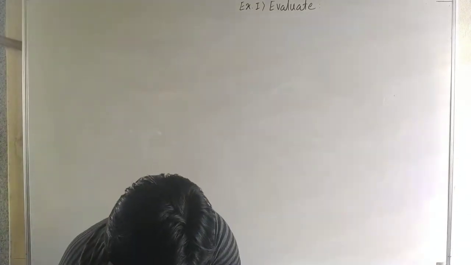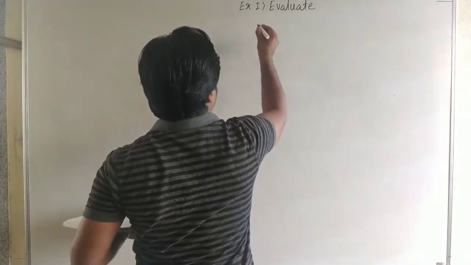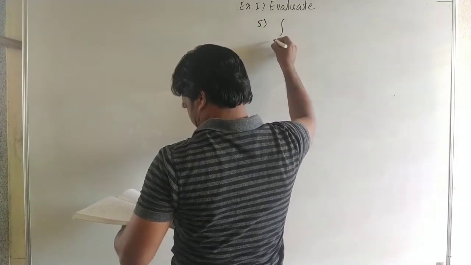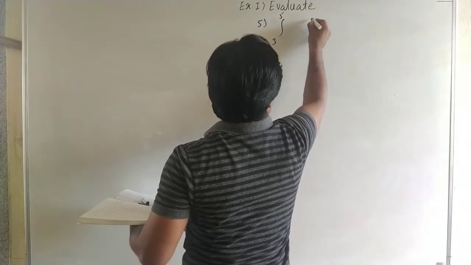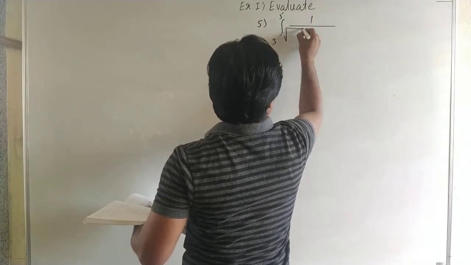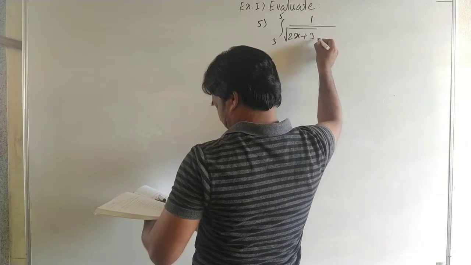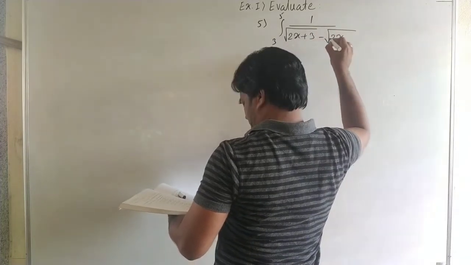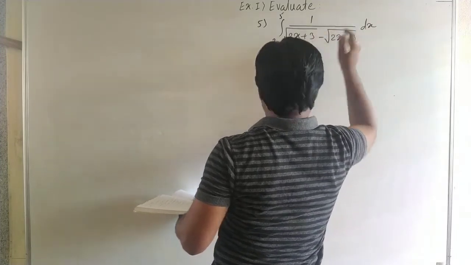Now next, example number 5: integral 3 to 5, 1 upon under root 2x plus 3 minus under root 2x minus 3 dx.